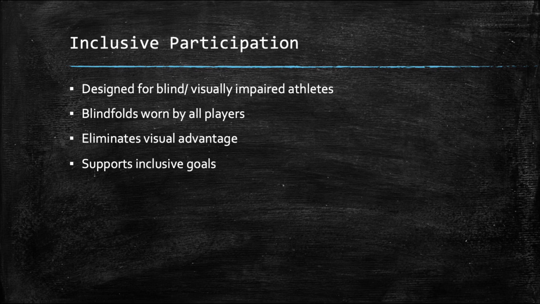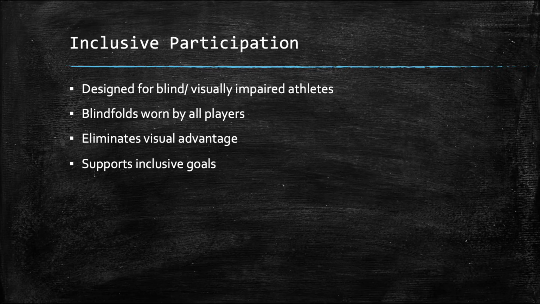Goalball is designed for athletes who are blind and visually impaired. However, all players wear blindfolds regardless of visual ability. In the lesson plan, blindfold use is intentional and non-negotiable. This decision directly supports the learning goal of inclusive participation and helps eliminate physical or visual advantage.